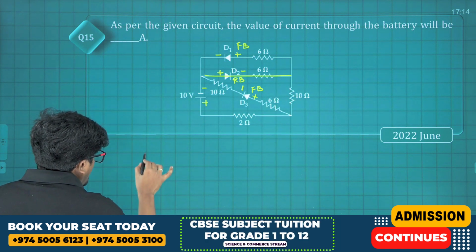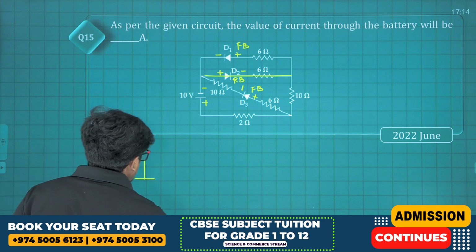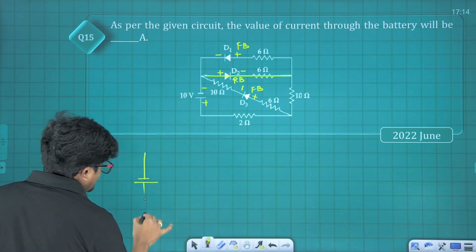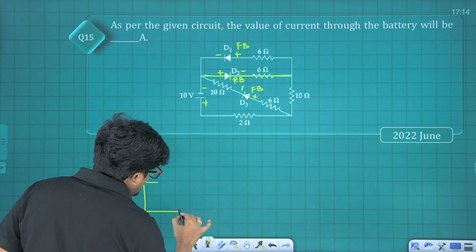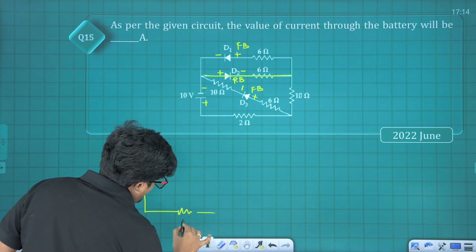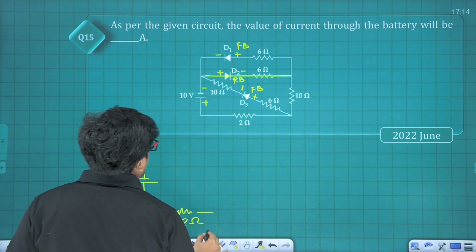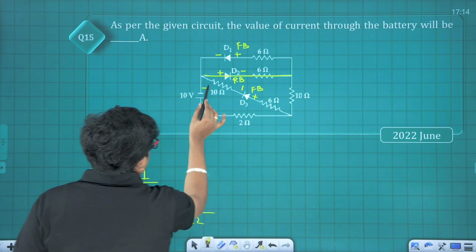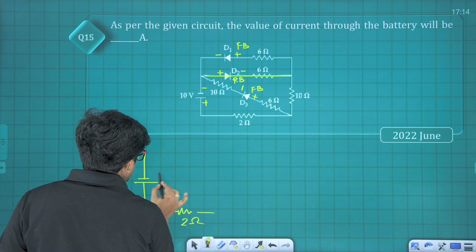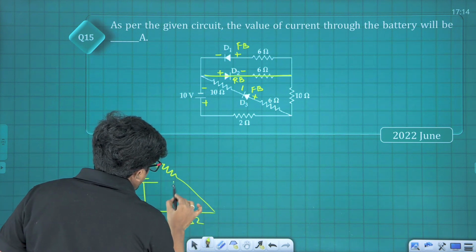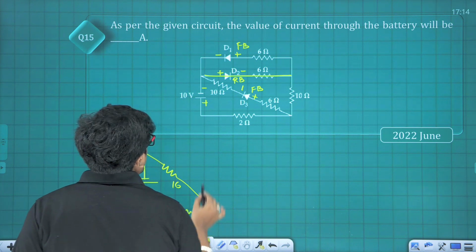So once I redraw the circuit diagram, I have to draw it like this. Here this is minus plus, and here I am having 2 ohm resistance. 2 ohm resistance is there, and here I am having 16, 10 plus 6. I am having 16 ohm resistance here. So it's 16. Okay.